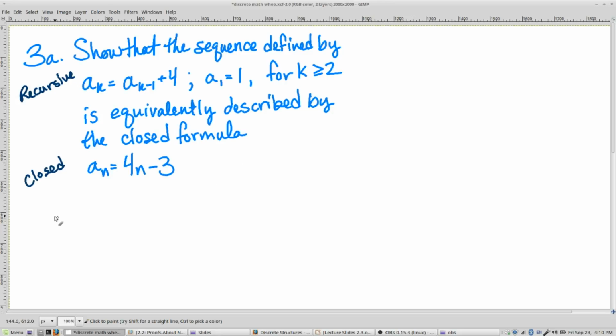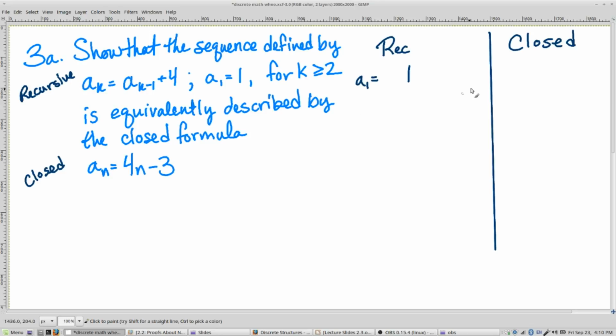So we can start off by looking at the same indices. So let's look at recursive and closed. Let's say a sub 1 is equal to, well, we have 1 here, but a sub 1 over here is equal to 4 times 1 minus 3, which is 4 minus 3, which is 1.